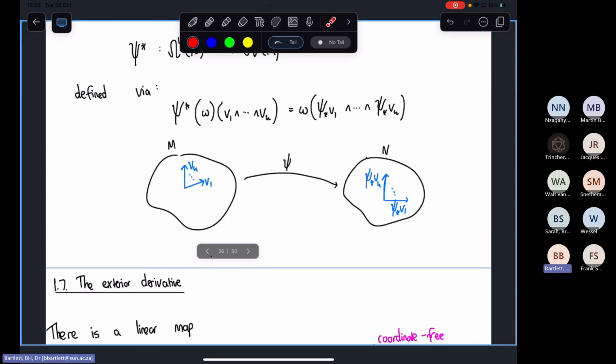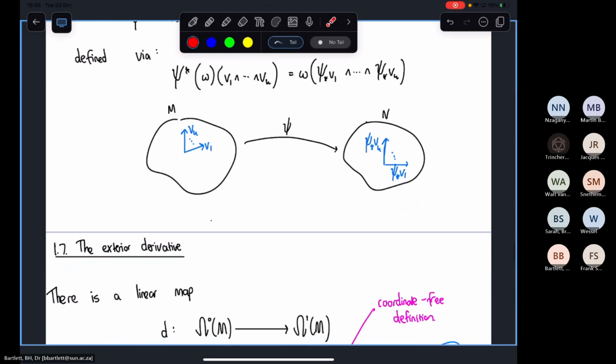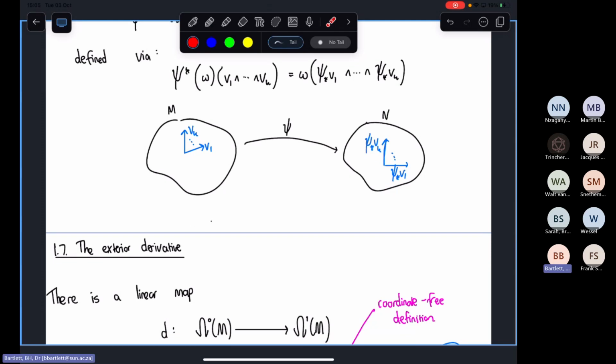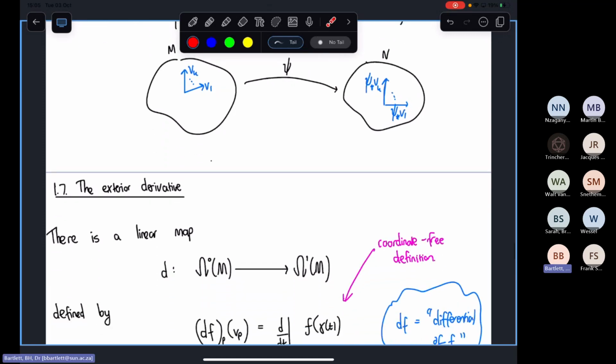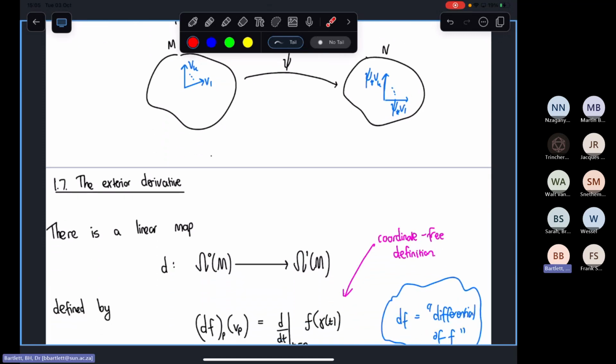Okay, so importantly now there's the concept of the exterior derivative. There's a linear map from zero forms to one forms defined as follows. Remember, a zero form is just a smooth function. It's called d. I take a smooth function f, and I get a one form on the manifold called df. To say that I have a one form means that at every point P, I have a linear function on the tangent space at P. So I have to tell you what it does to a vector v in the tangent space.